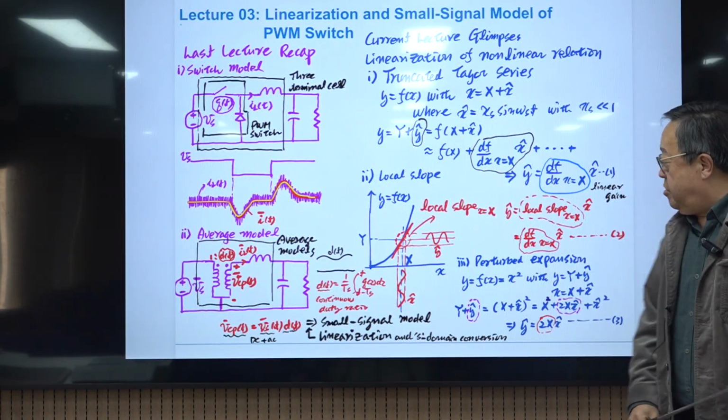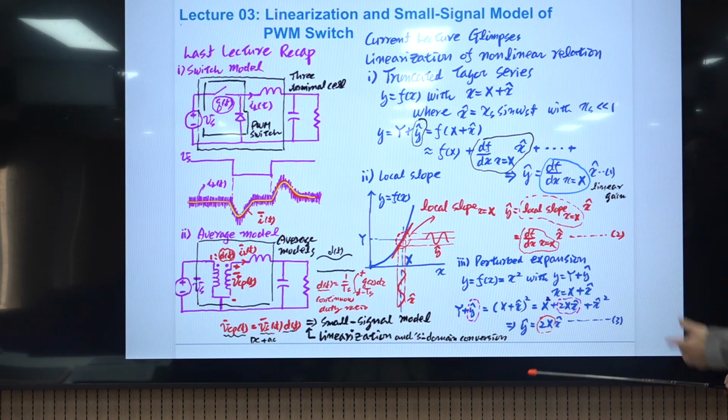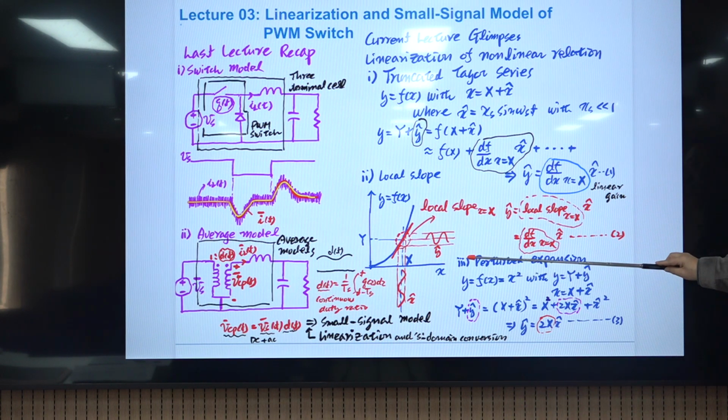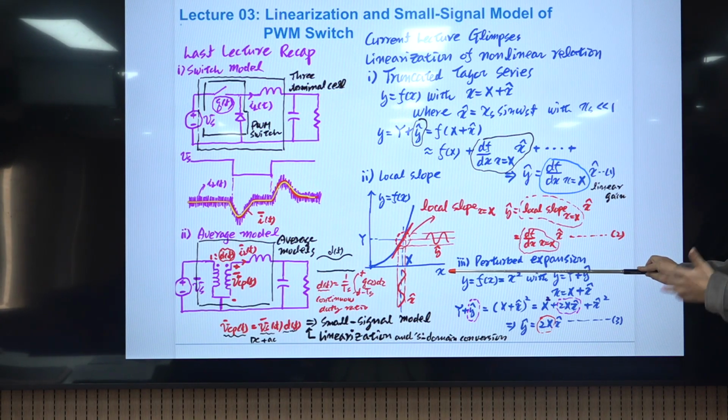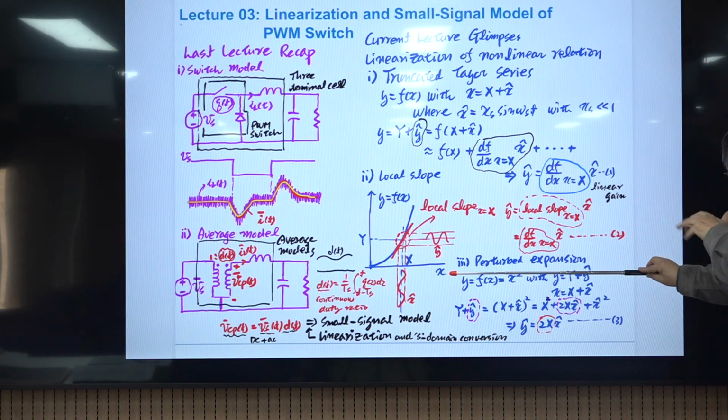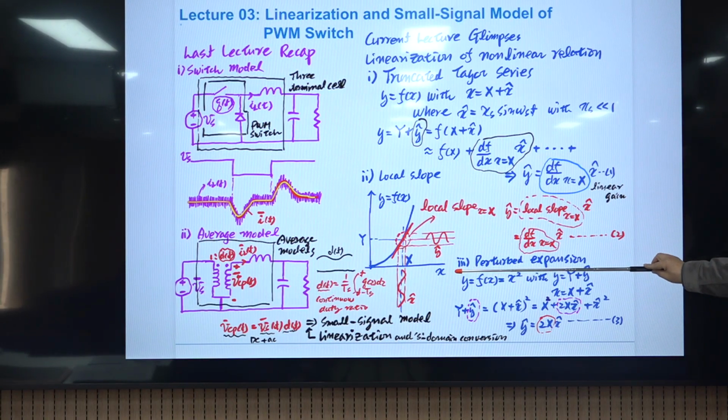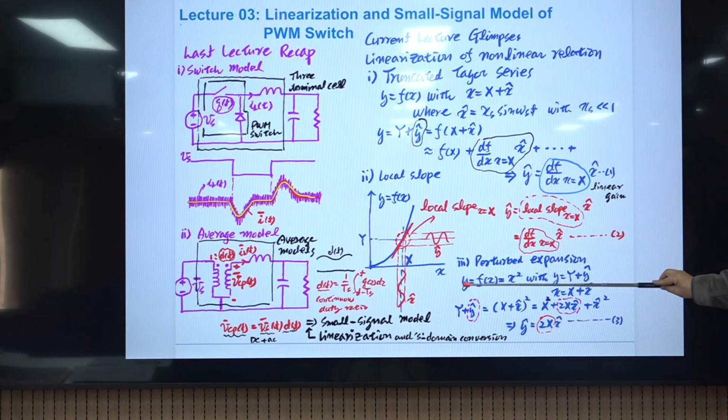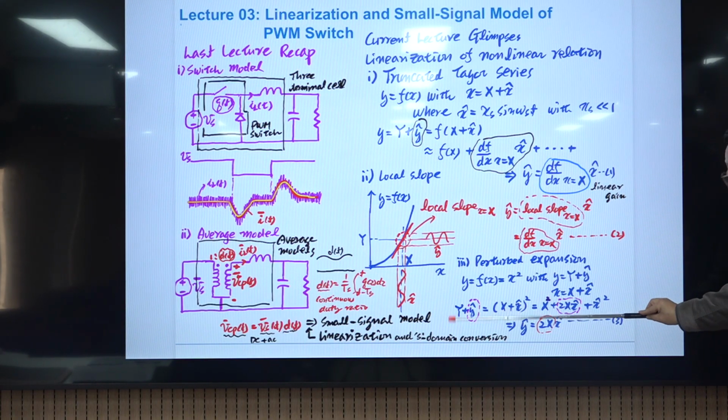So finally, this lecture will address one specific linearization process that will be used in the later part of this topic, which is the Taylor expansion of this nonlinear equation. This is the easiest way of linearizing any nonlinear relationship.